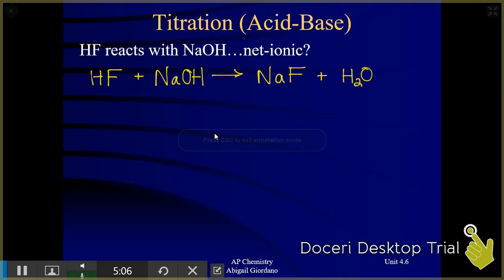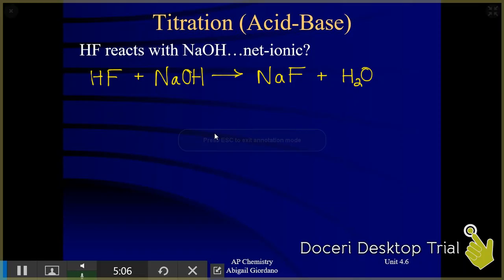If you will recall, the next step is to use your solubility rules to decide what substances are going to ionize and which ones are not. So let's take it piece by piece. HF is an acid. If you look in the rules, one of the rules says that only strong acids ionize.